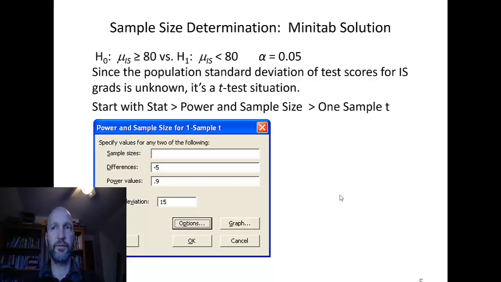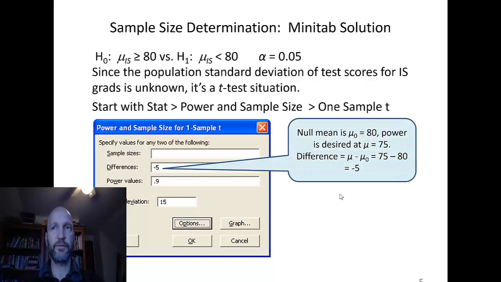This box will have 3 empty lines at the top: sample sizes, differences, and power values. And you need to specify any 2 of those. So in this case, we're interested in the sample size, so we're going to put in differences and power values.